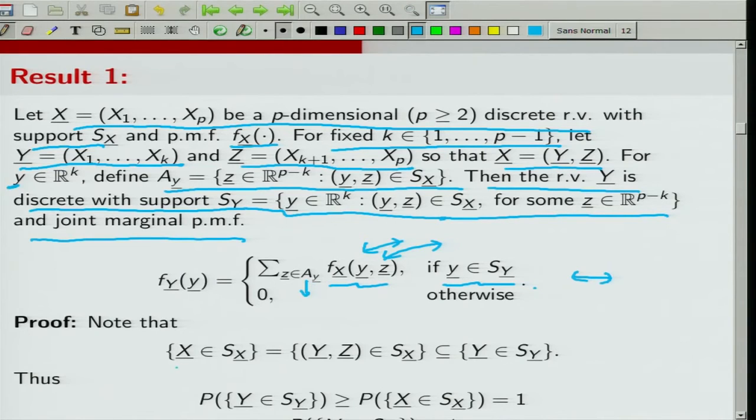So, let us look at X belonging to S_X. X belonging to S_X is the same as (Y, Z) belonging to S_X, but S_Y is defined to contain all those points y such that (y, z) belongs to S_X for some z.